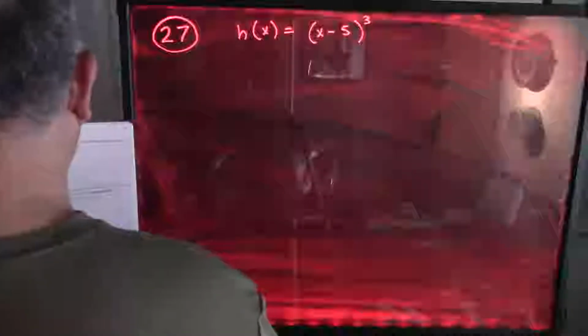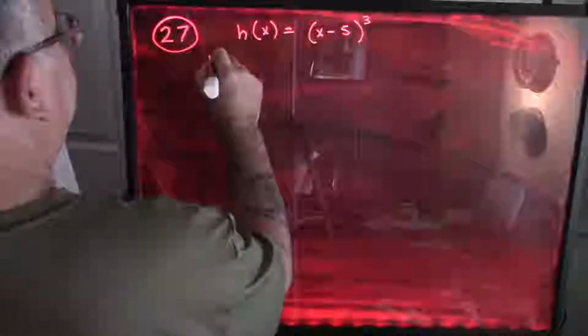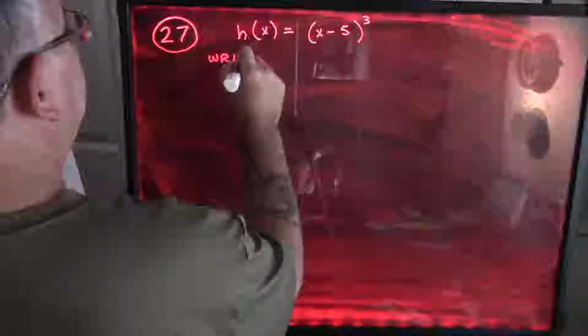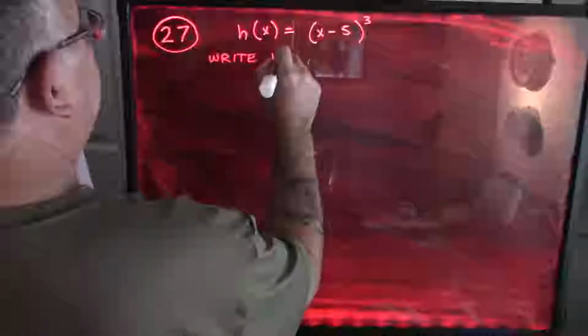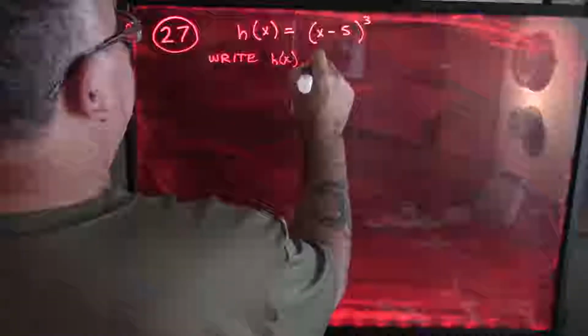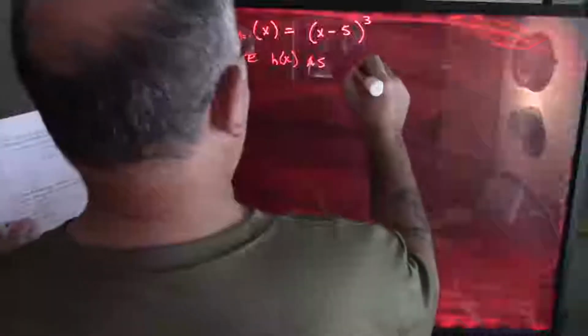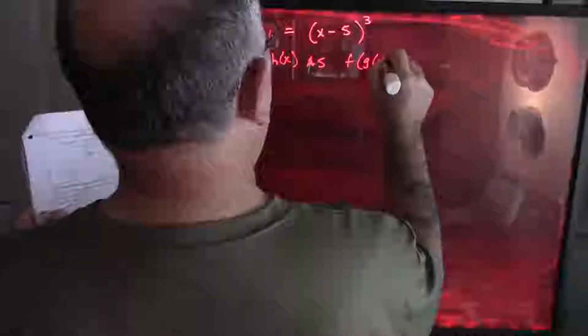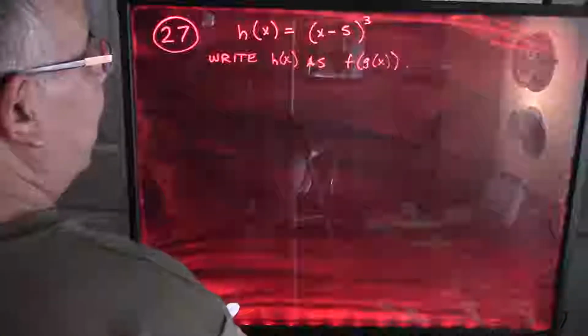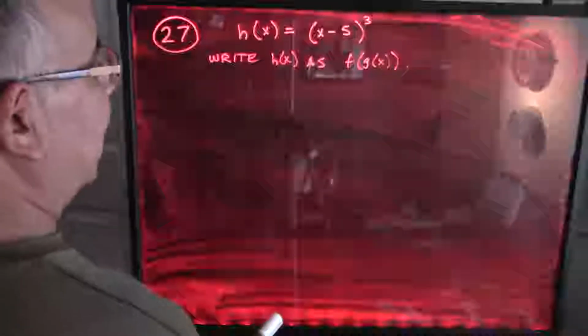Alright, so what we want to do is write this as a composition of two functions. In other words, f of g of x. So you have to give the functions f of x and g of x for that to work.